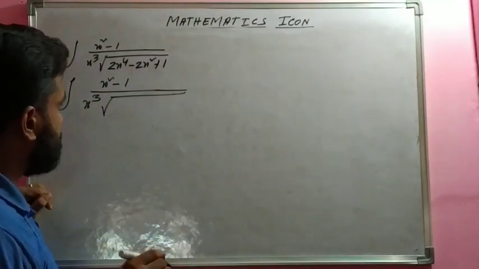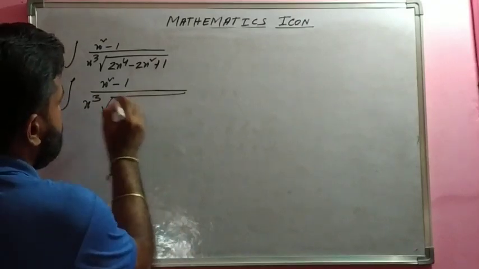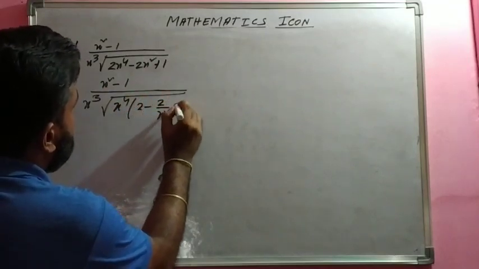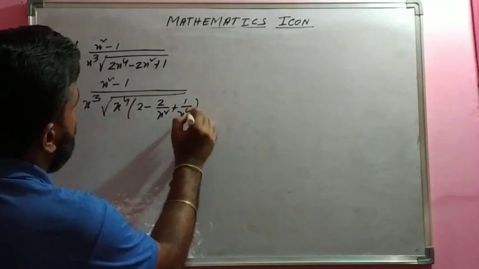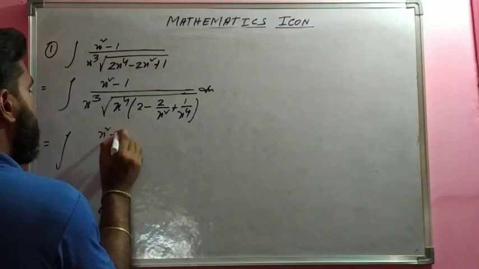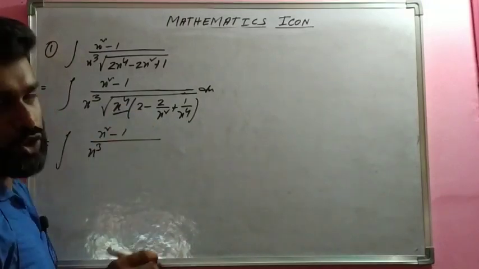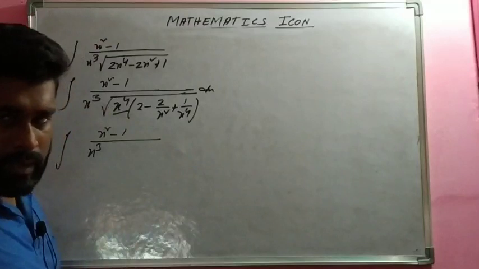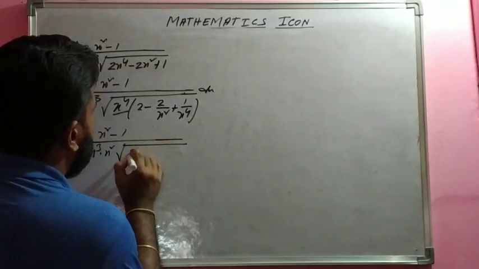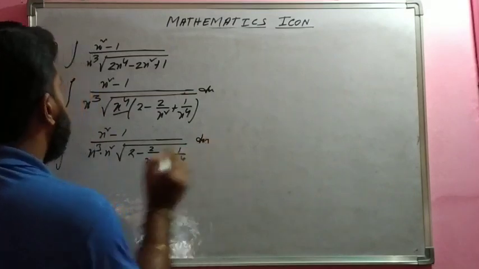If you take x to the power 4 as common, then 2 minus 2 by x square plus 1 by x to the power 4. Can I write like this? dx is there. If this x to the power 4 term comes out from the root, then x square will be there, and in the root 2 minus 2 by x square plus 1 by x to the power 4 is there, dx.